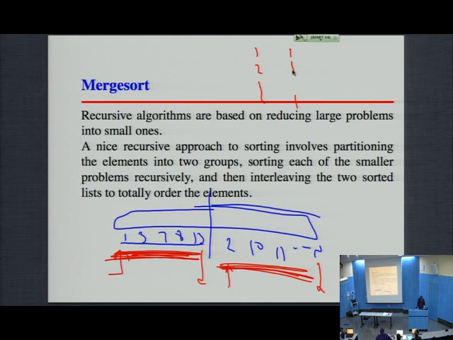Does everybody see that the first element in the list has to be either here or here? If I want to figure out who is the smartest person in this class, and I have the men in the class sorted by brains, and I have the women in the class sorted by brains, who is the smartest person in the class? It is one of the two people at the head of their respective lists, right?